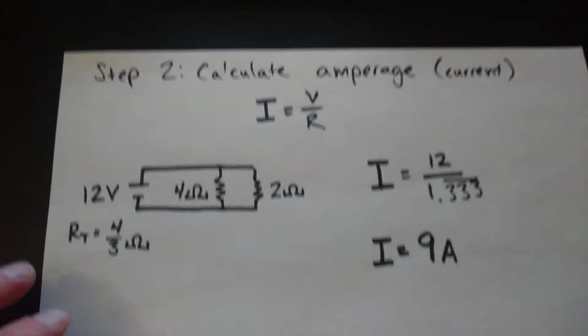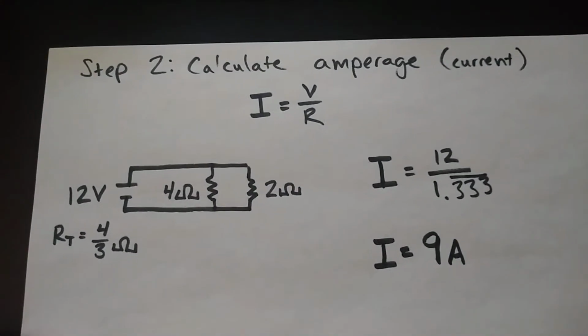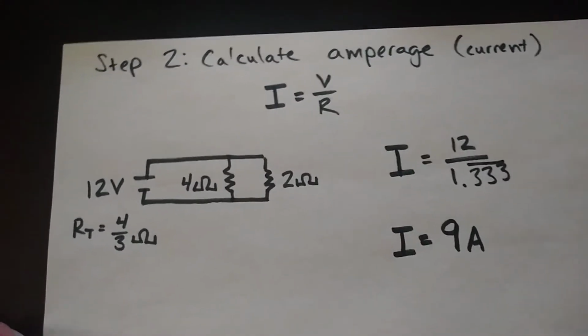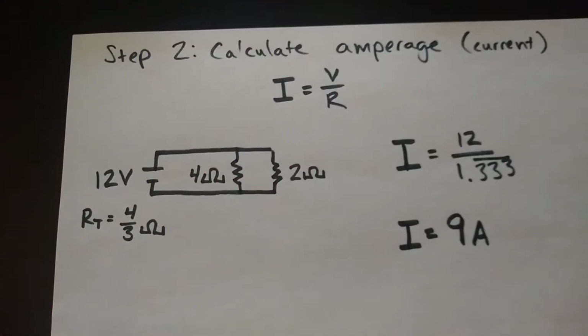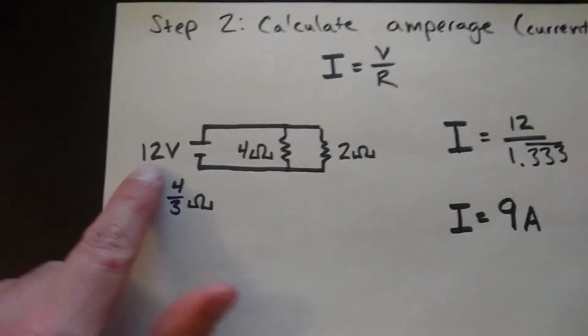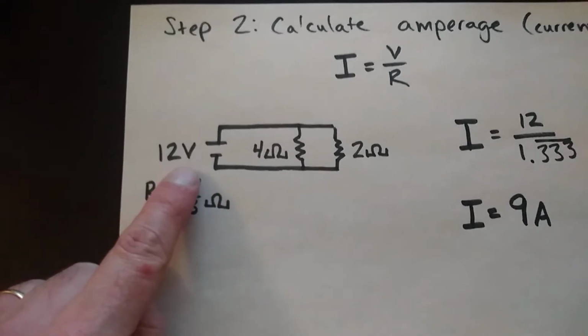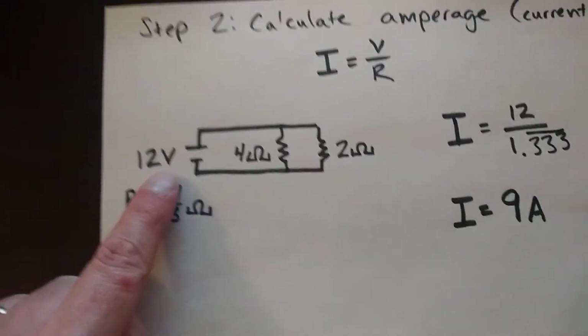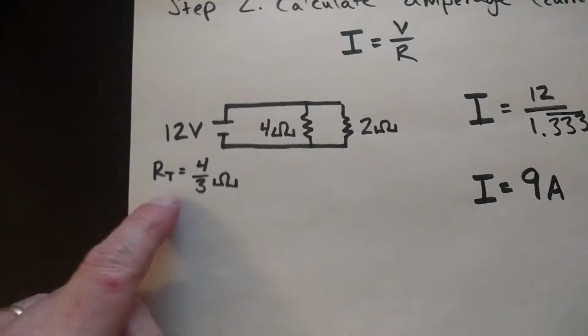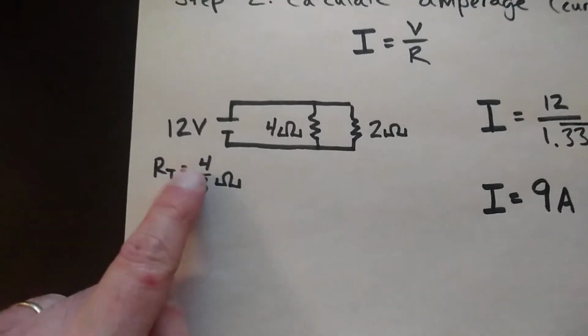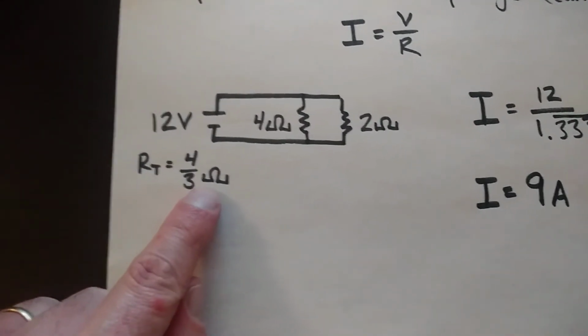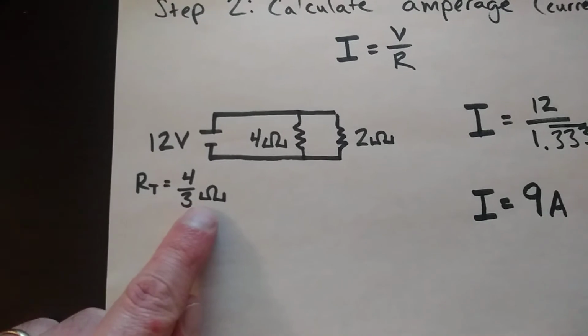From here, we need to calculate the current, which is amperage, using Ohm's Law, I equals V over R, at each point. So, in our example, this was a 12-volt power source, maybe a battery or something. And we know the total resistance is 4 over 3 ohms, or 1.33 repeating ohms.